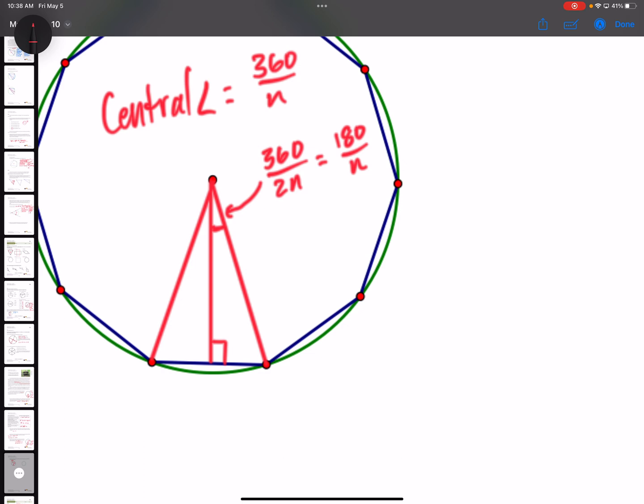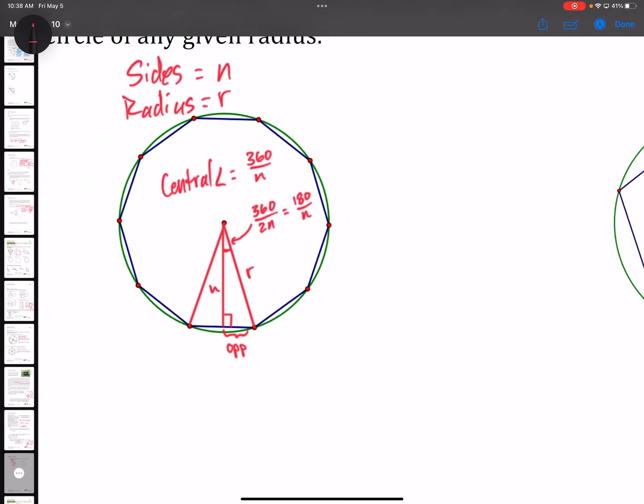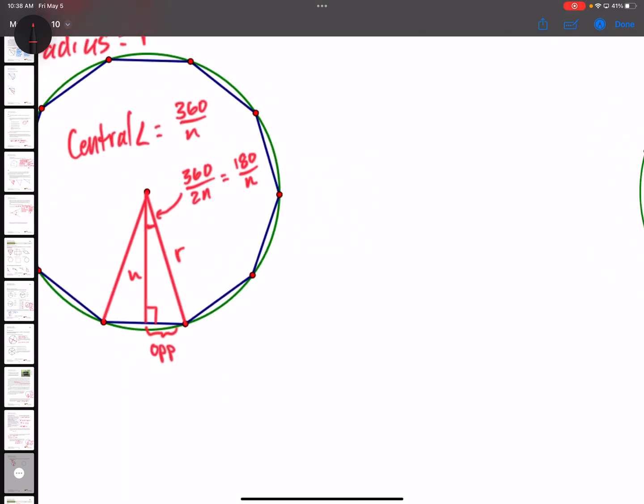That's nice. Now this hypotenuse is our radius. And we had to find the height and the opposite sides, right? We did height first. How did we find height? We used cosine of our angle.